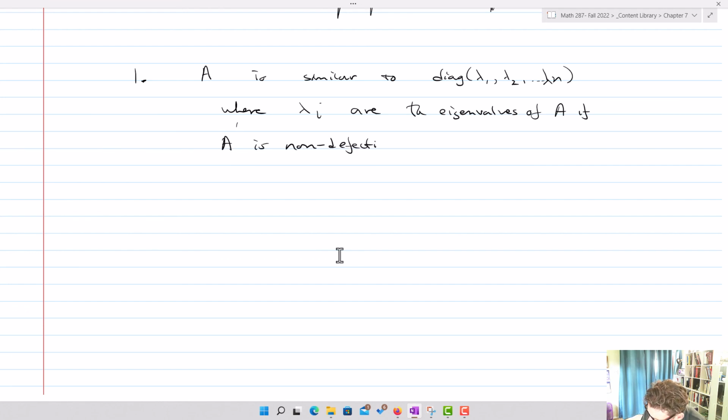So if A is non-defective, it's going to be similar to a diagonal matrix made up of its eigenvalues along the diagonal. 2, if A is non-defective, A equals S D S inverse.